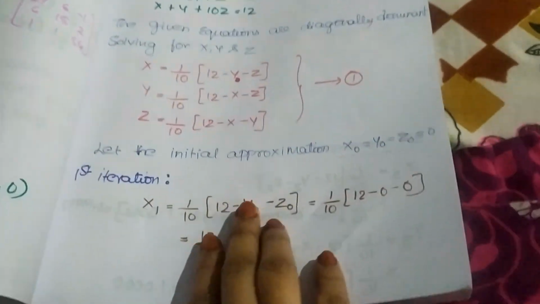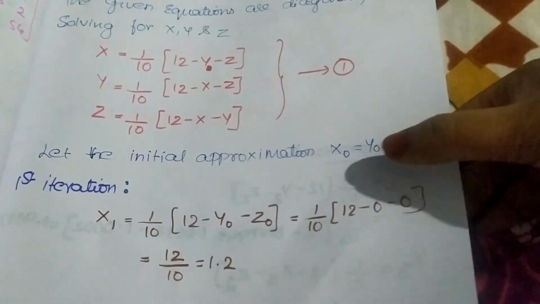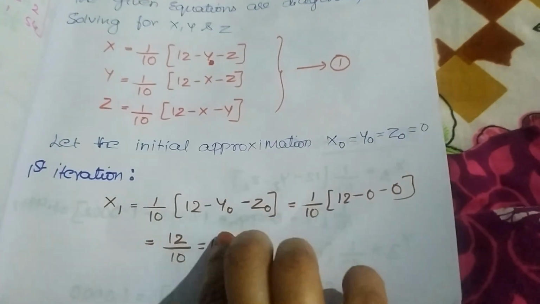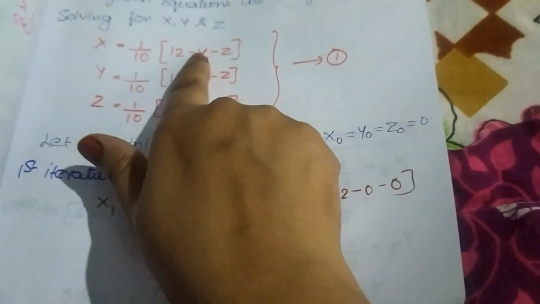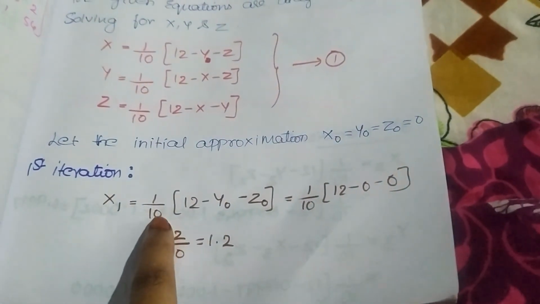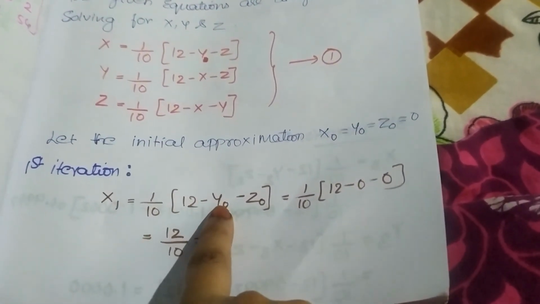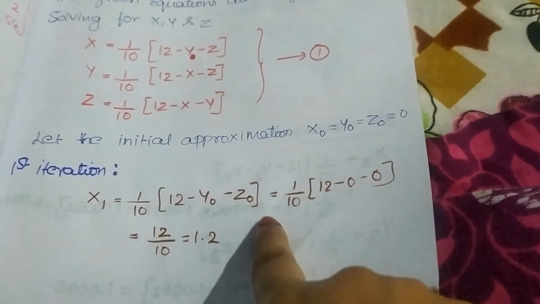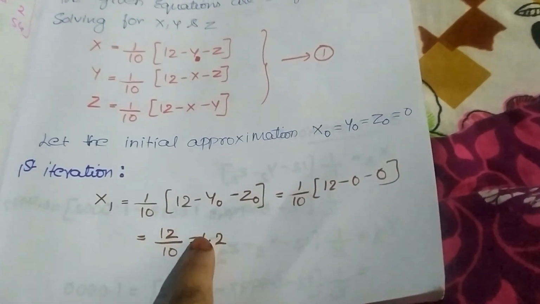Now let the initial approximation be x0 equals y0 equals z0 equals 0. This 0 is applied only for x in the first step, that is x1 equals 1 by 10 into 12 minus y0, that is 0, minus z0, which is 0, and solving this we get the x1 value here.